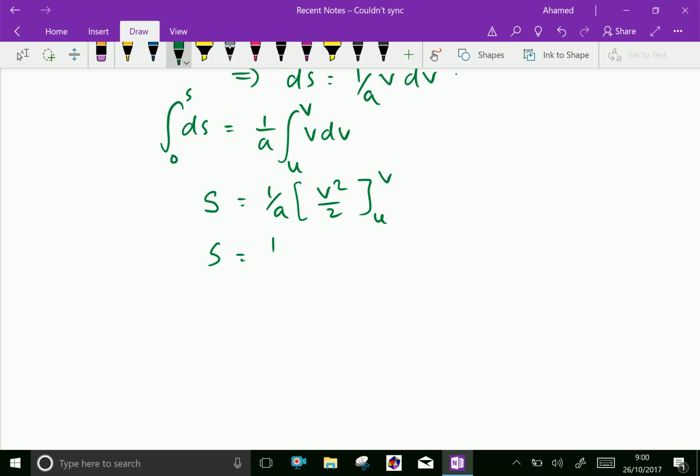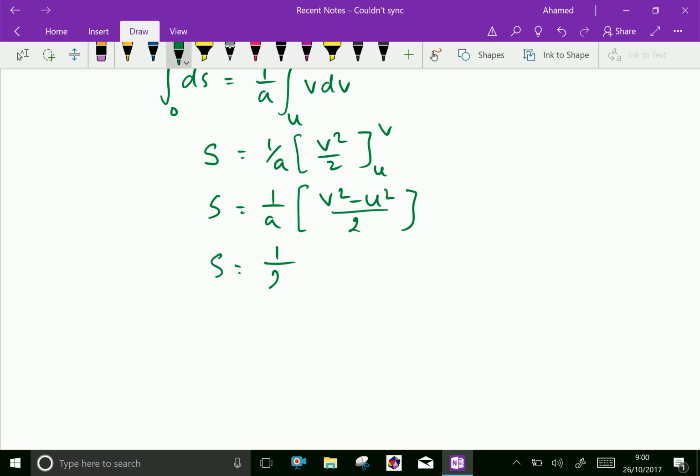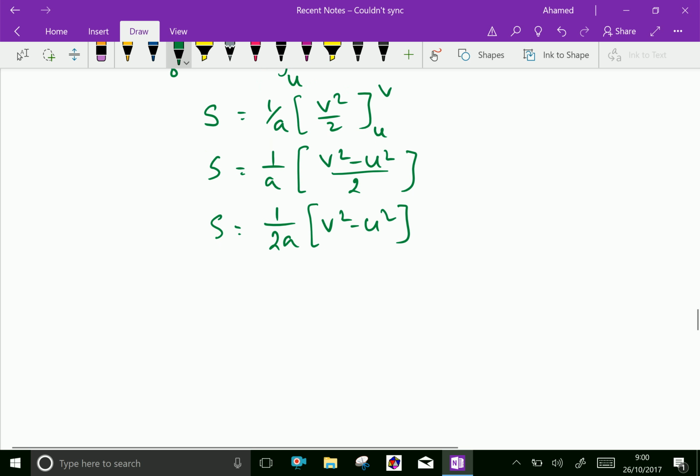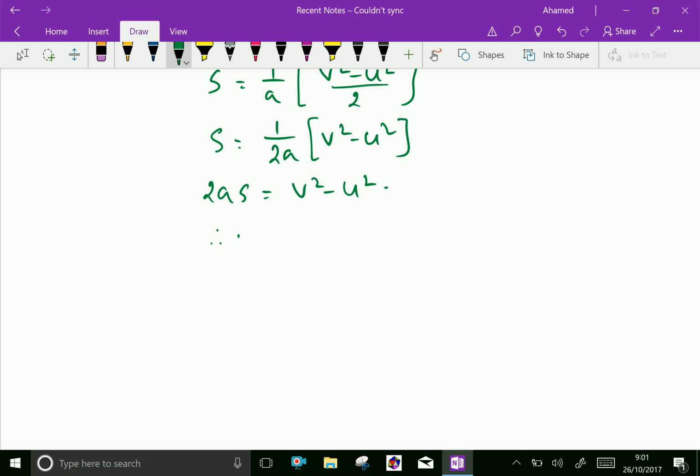Therefore s equal 1 by a times v squared minus u squared by 2, so s equal 1 by 2a times v squared minus u squared. By cross multiplying, 2as equal v squared minus u squared. Therefore v squared equal u squared plus 2as.